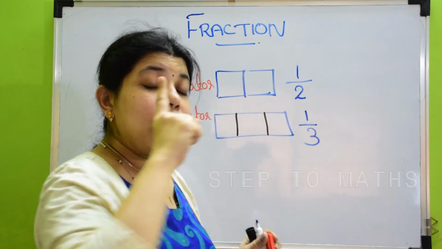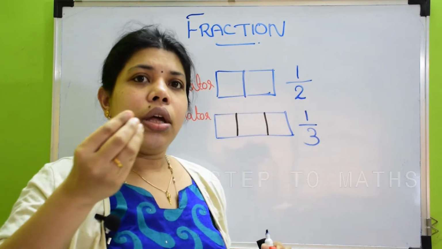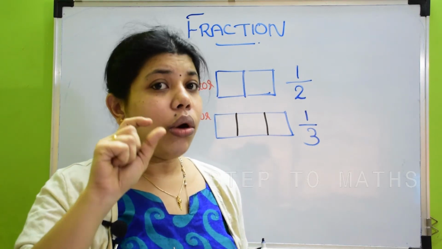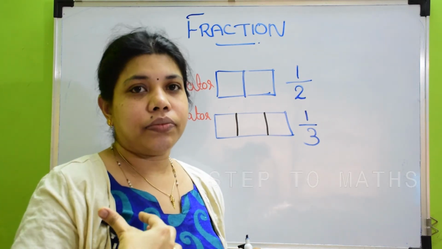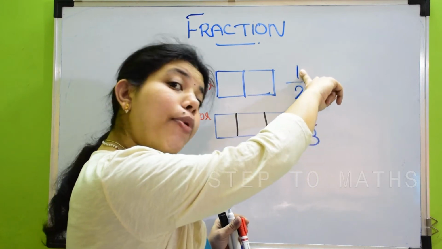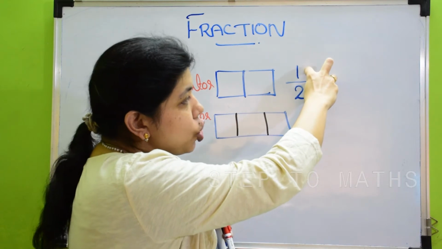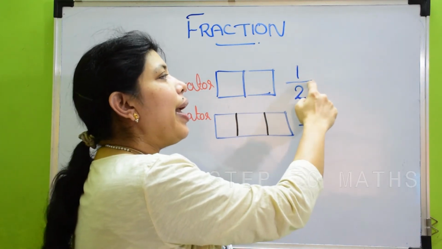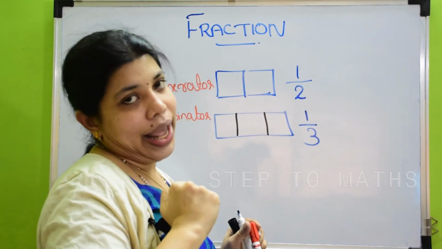What does this one represent? Out of these two pieces, we take one piece, or one piece is available. That is represented by the number above the line, the numerator, and these two, numerator and denominator, are separated by a horizontal line.